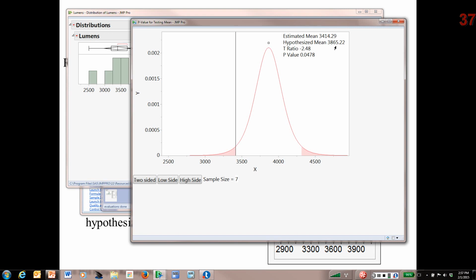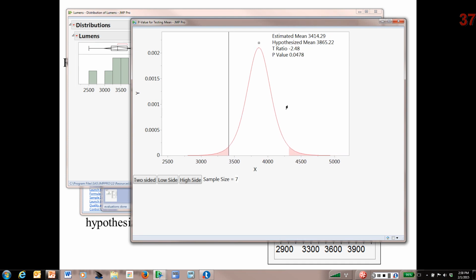Furthermore, if the hypothesized mean were really 3,865, the probability I might have observed a more extreme value of the sample average is pretty small. So in this case, it's borderline. So at this point, if you rejected the null hypothesis, you'd do so without a lot of confidence. You might actually consider wanting to collect more data.